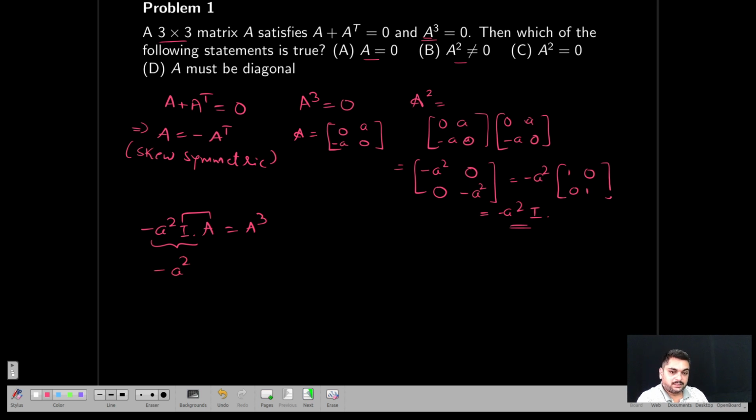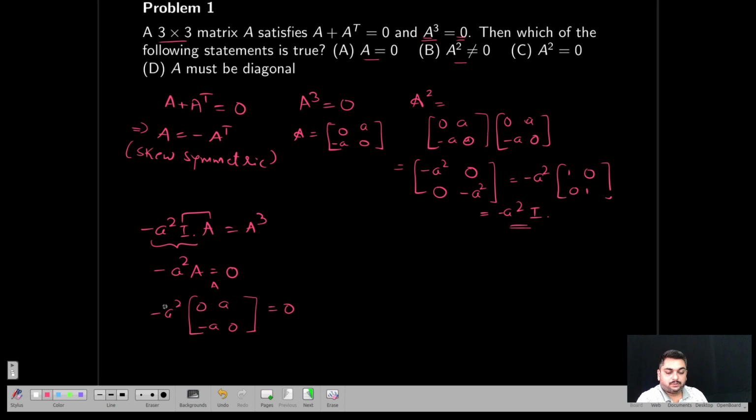So this is minus A square into A, which is equal to A cube. A cube they have mentioned as 0. What does it mean? Minus A square into what is A? My A is [0 A; minus A 0]. This gives a matrix, and this should be equal to 0.